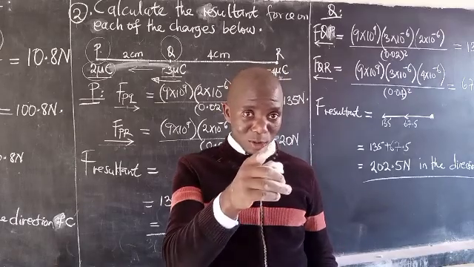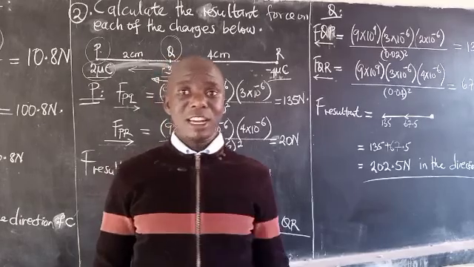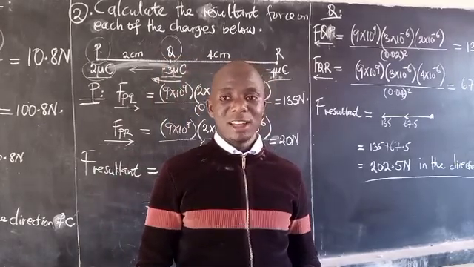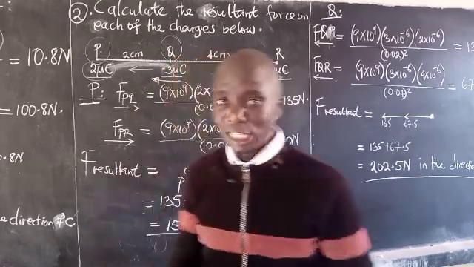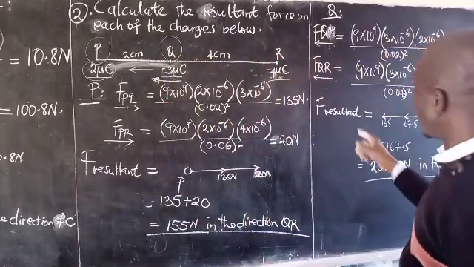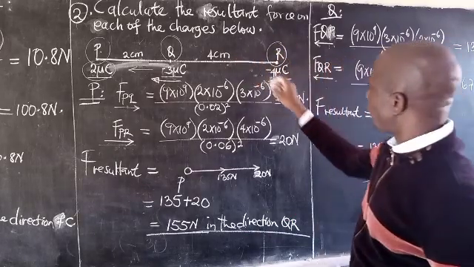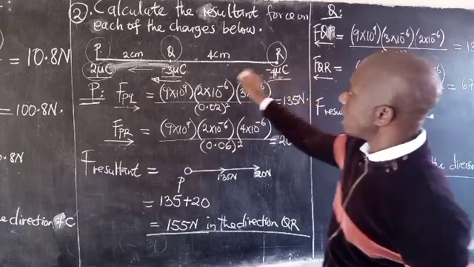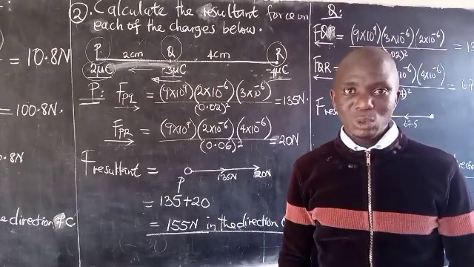So I want you to be like that, for you are not a child. You are in A level. So you are a young adult. So that young adult in you should do, for R, the force on the charge at R due to the charges at P and Q. Just do that.